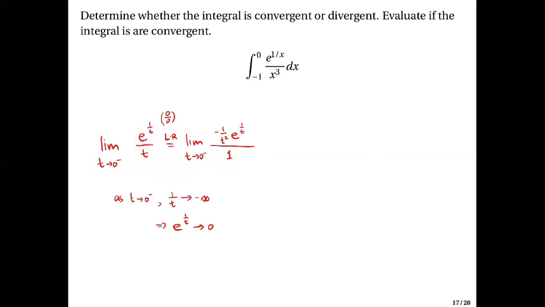So let us rewrite this. This can be written as the limit as t goes to 0 from the left of 1 over t divided by e raised to negative 1 over t. They are the same. I put this expression on the denominator, so the exponent becomes negative.